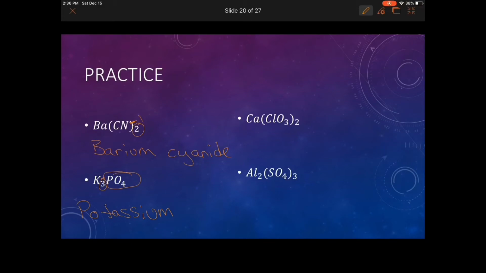So if we have 3 atoms of potassium, and it typically has a +1 charge, there's no extra atoms of PO4. Let's take 3 times 1, well, that gives us a 3. So that must mean with no extra atoms of PO4, the charge of PO4 should be -3. Looking on your chart, you notice, yep, there's a PO4 3-, and its name is phosphate.